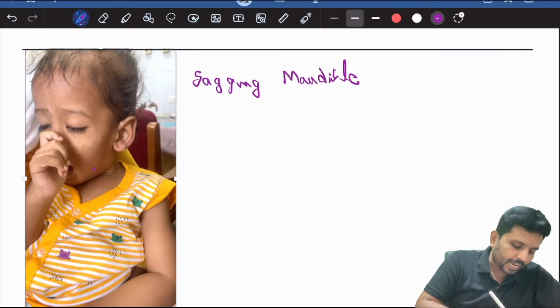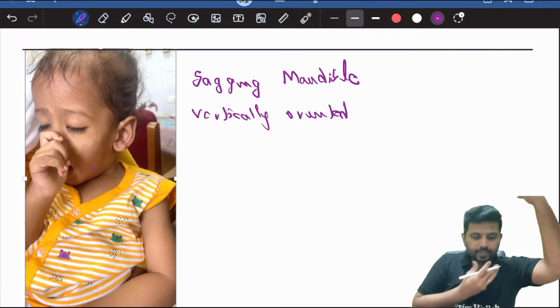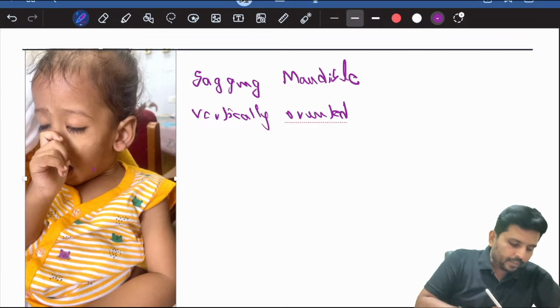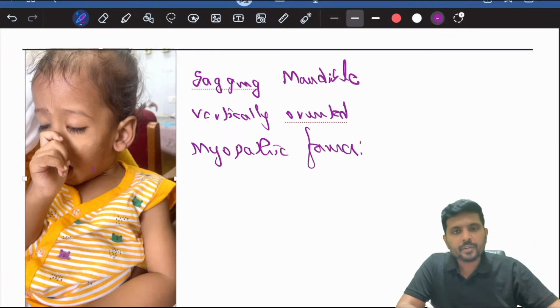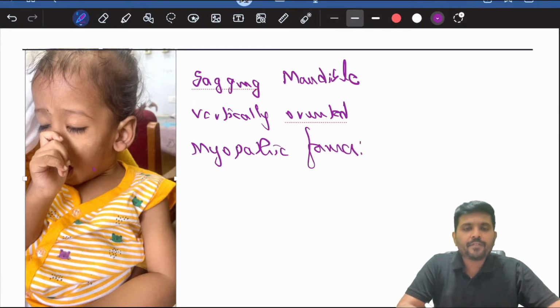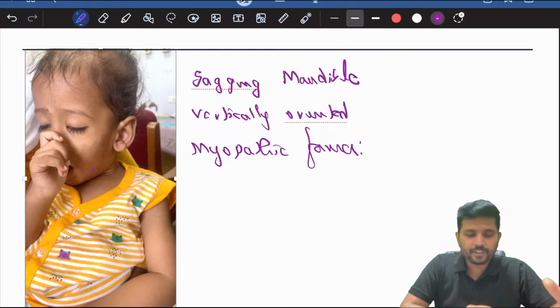The child's face is vertically oriented, and this is called myopathic faces. Sagging mandible is called myopathic faces. They will be aligned vertically.